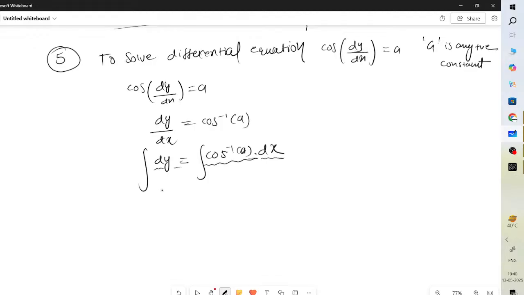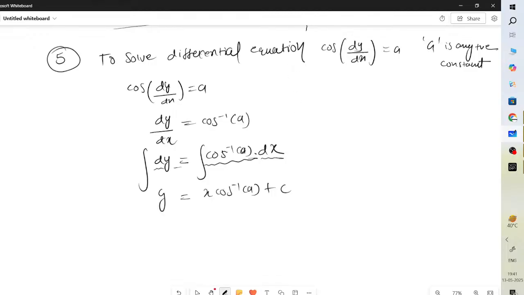So we get y equals x cos inverse a plus c. There is one thing more in the question I forgot to write.